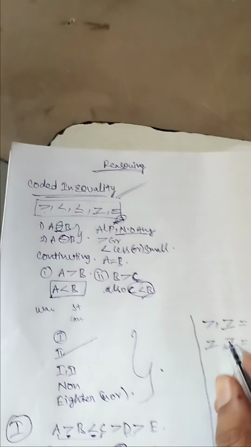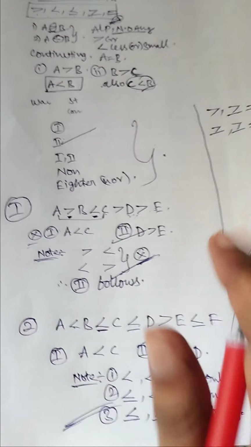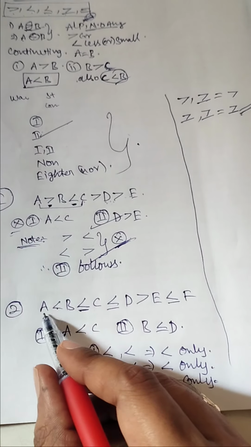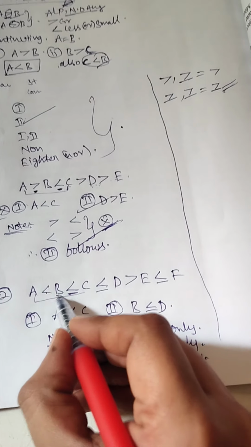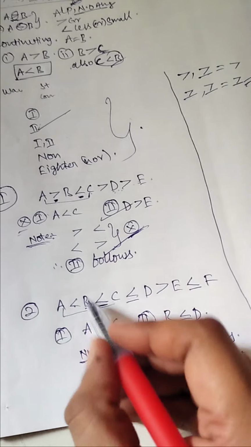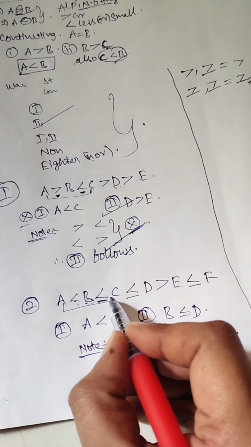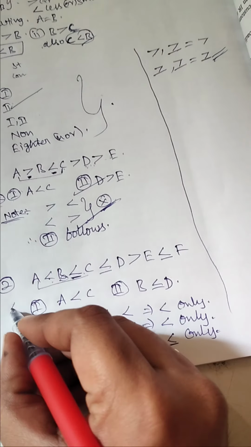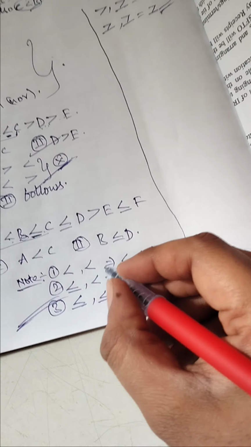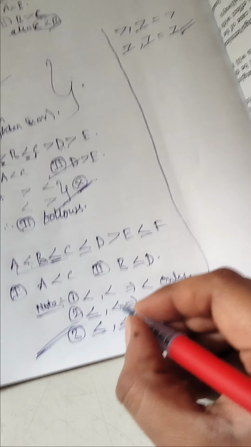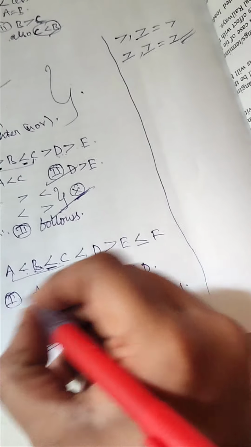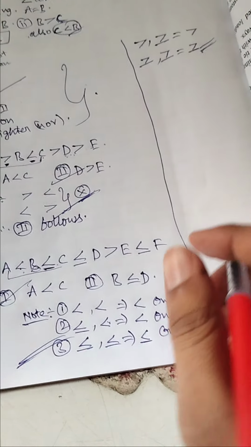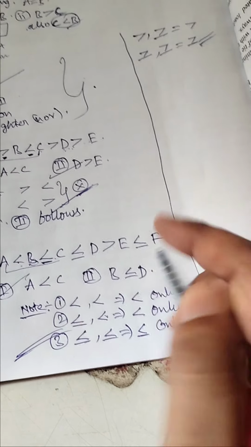See this. Here what is given? A less than C. In between A and C, B is there, so we are least bothered about that. A less than or equal to, whatever it may be, is less than only. We already saw this case, so whatever is given, it is true. And here what is given?